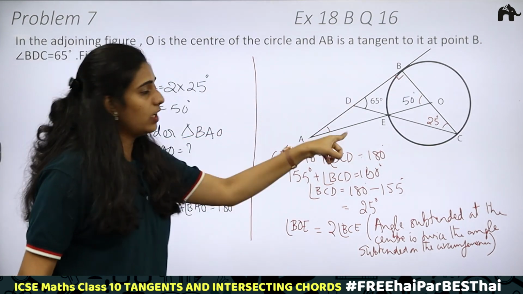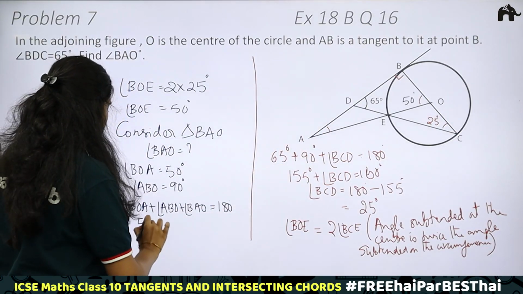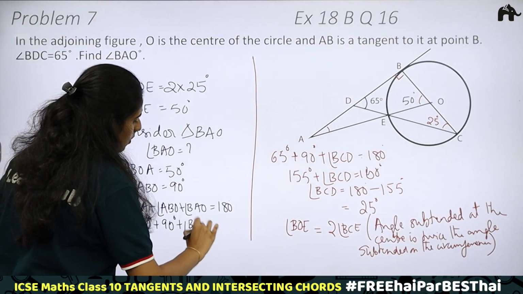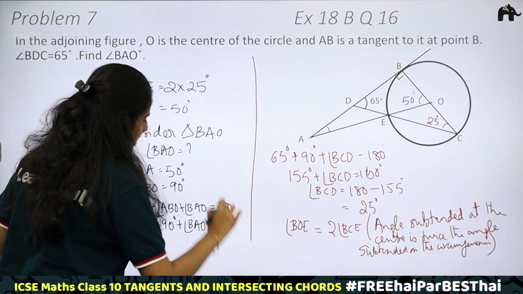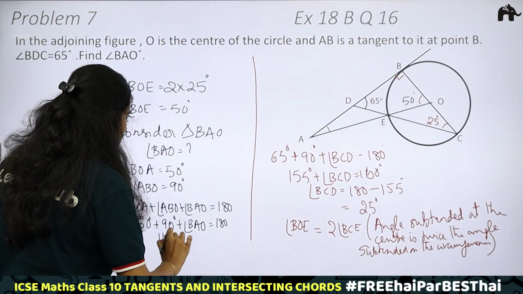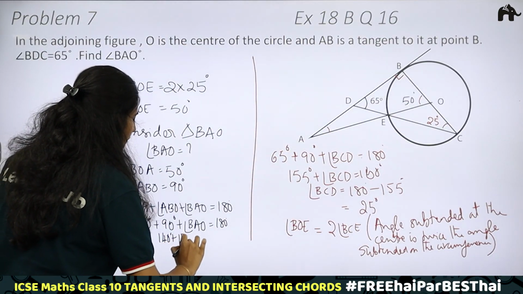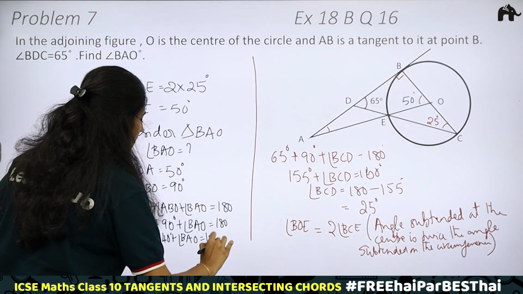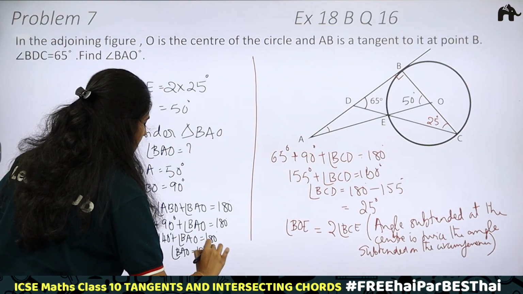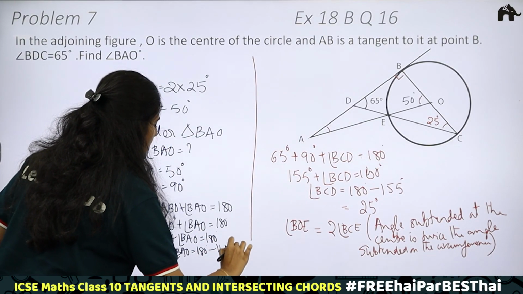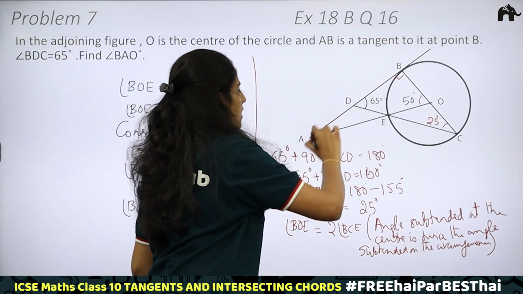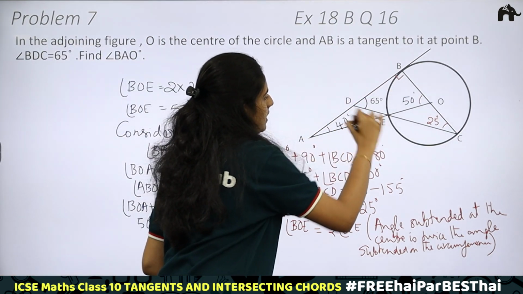BOA is 50 degrees, ABO is 90, plus BAO is equal to 180 degrees. 50 plus 90 we get 140 degrees plus BAO is equal to 180 degrees, and BAO will be 180 degrees minus 140 degrees, that is equal to 40 degrees. We have determined the angle BAO, which is 40 degrees.